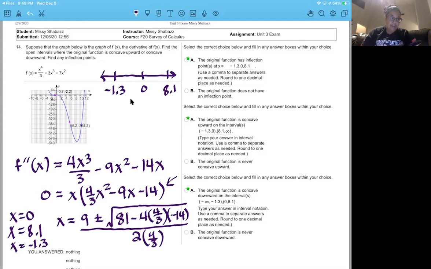So that gave me a positive number times a -2. That's going to give me a negative number.